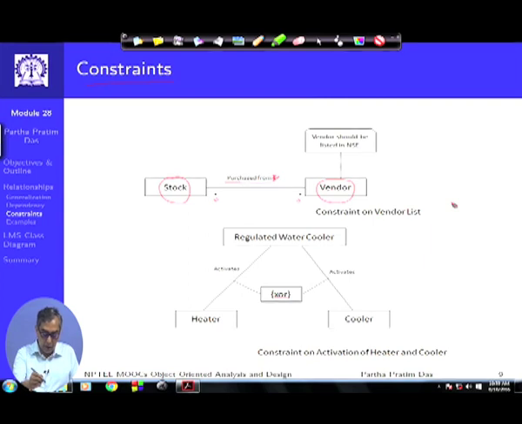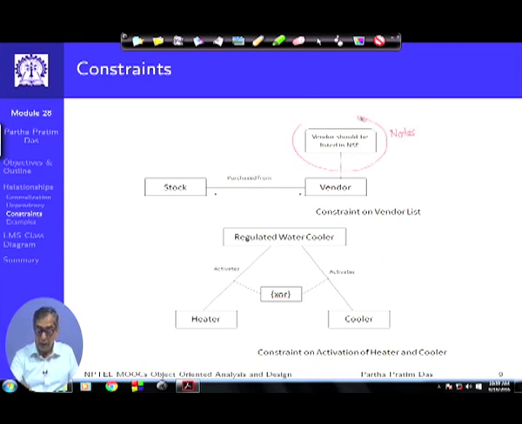Given this, we need to also specify that we will not purchase from actually any vendor available in the country. We want to purchase only from the vendors who are listed in the National Stock Exchange. So, we represent that with a dotted line, and these are typically called notes, with this corner cut.